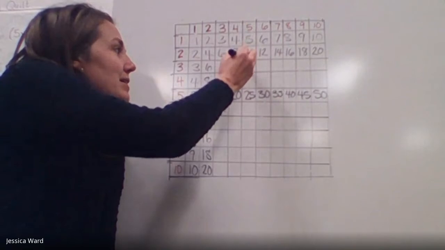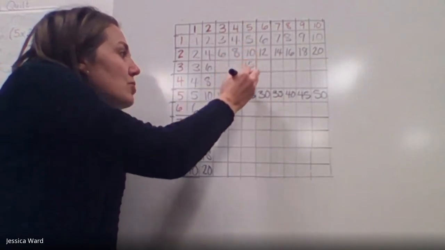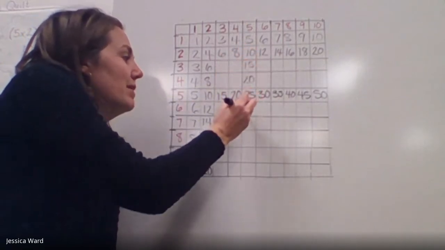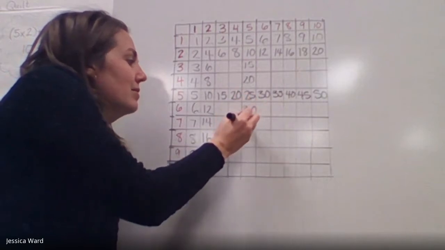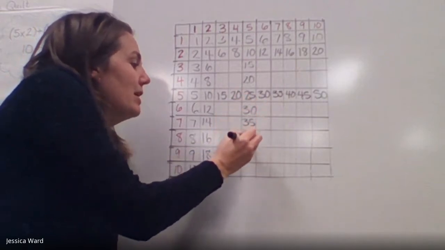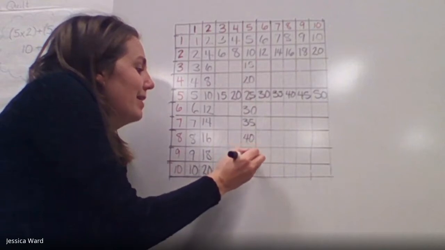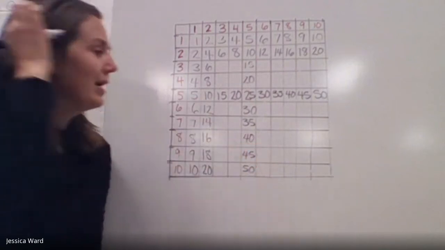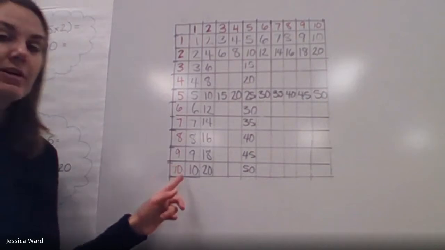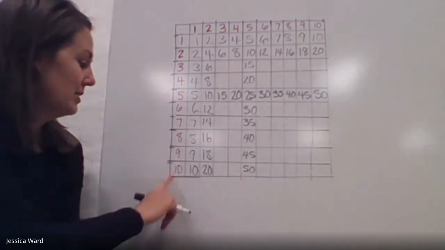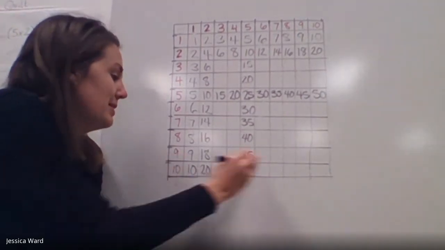So we have 5, 10, 15, 20, 25 is already written in, 30, 35, 40, 45, and 50. Okay. Now we're going to fill in our last column so far, which is going to be 10. I'm going to start with my 10s row actually.